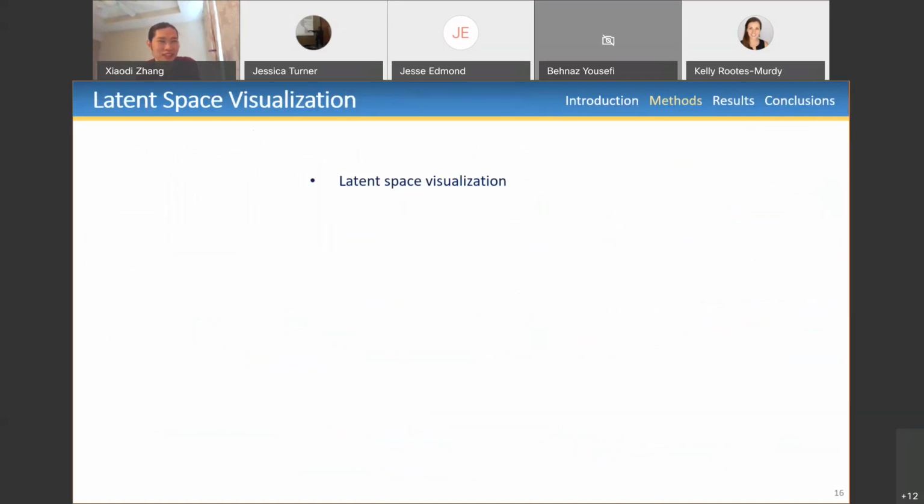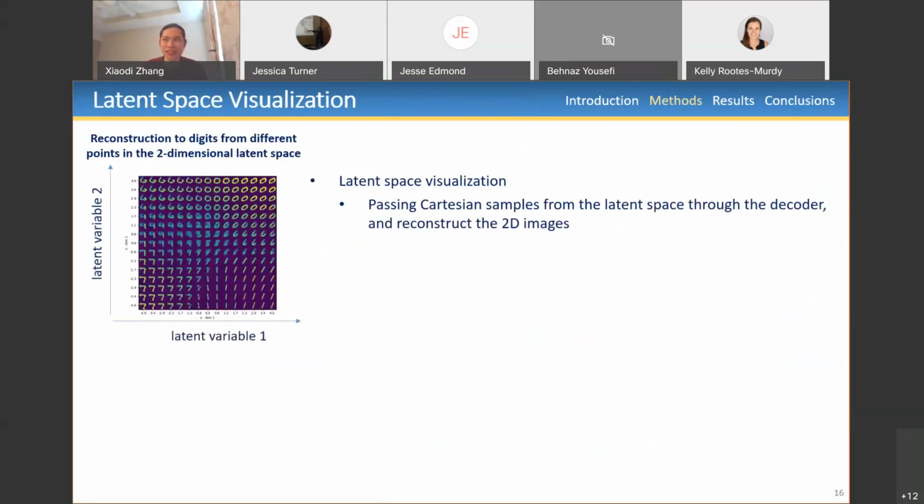How do we visualize the latent space? If we go back to the previous example, we can visualize the handwritten digits. Using this technique, we can create a Cartesian sampling of the latent space and pass these samples through the decoder to see what the reconstructed output looks like, and overlay them on top of the latent space so that you can see different locations of the latent space represent different digits.